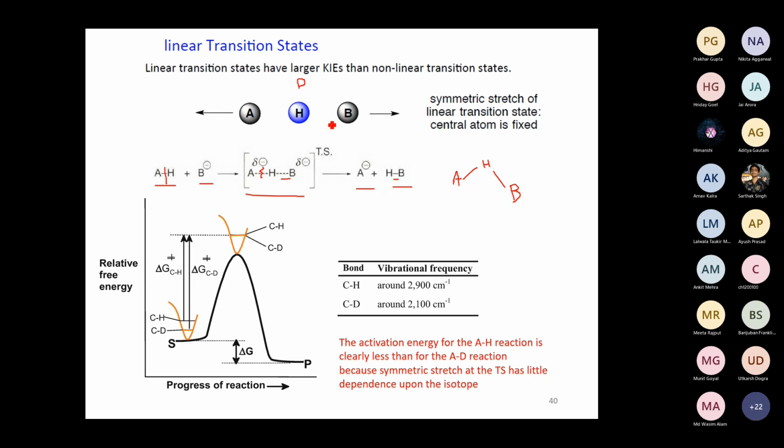In CML 100 or maybe in high school, you know that the major contribution of the vibrations, even if you look at IR spectroscopy, is the stretching frequency. You know that, right? Stretching, bending. In IR spectroscopy, in any molecule, the major peaks are higher in energy also, and they come with the stretching.